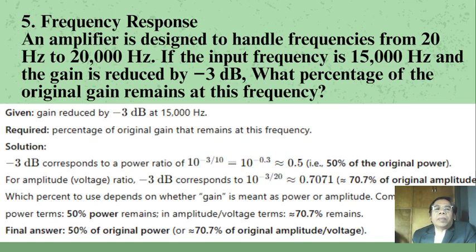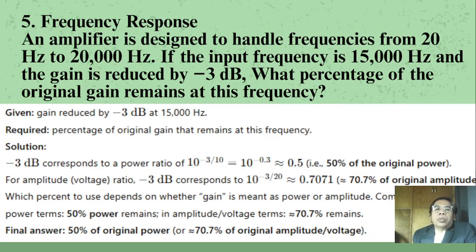We are required the percentage of the original gain that remains at this frequency. Solution. Negative 3 decibels corresponds to a power ratio of 10 raised to negative 3 over 10, and the answer is 0.5, or 50% of the original power.